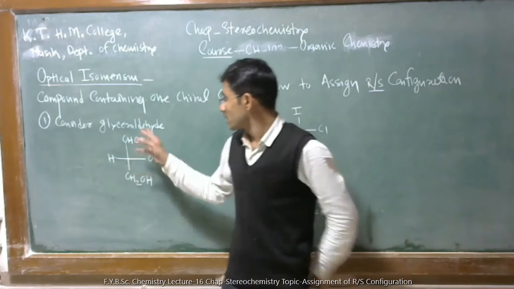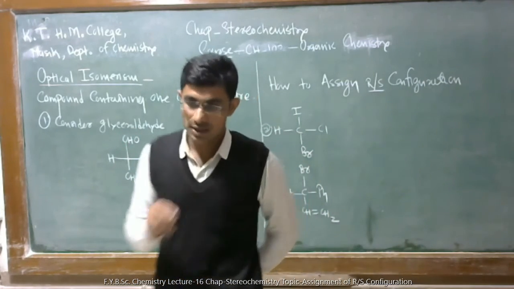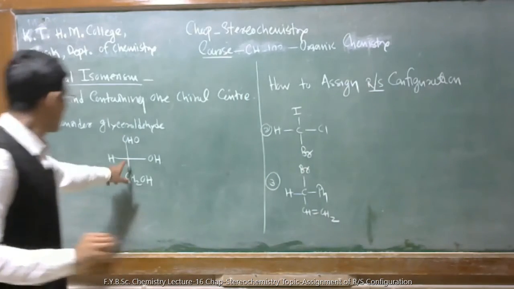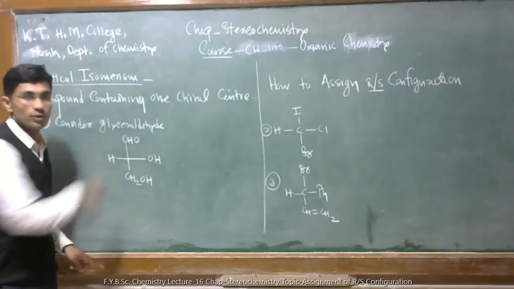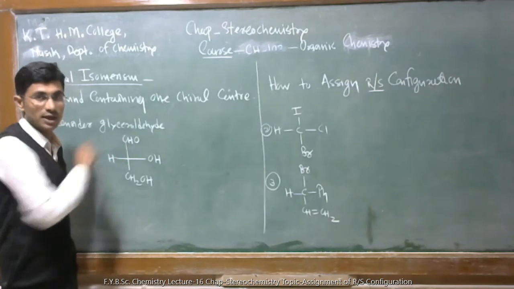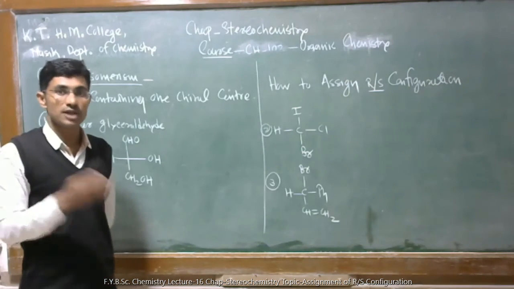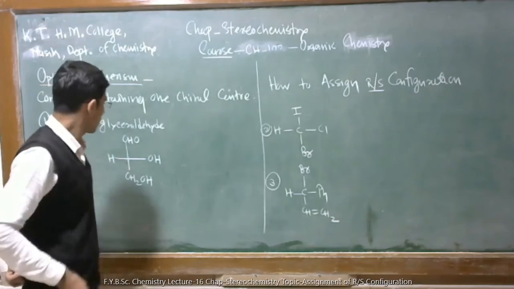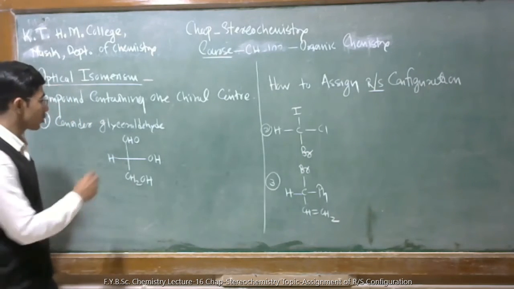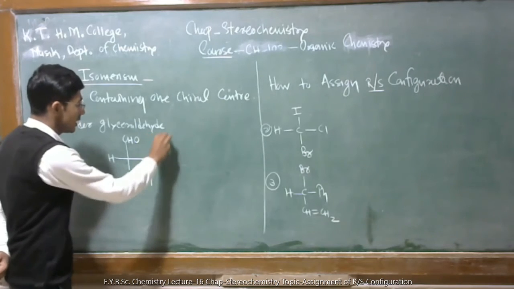So in glyceraldehyde, the chiral carbon is present here. This is a carbon here, we do not write it, but we write horizontal and vertical lines like this. This is the chiral carbon. A chiral carbon is nothing but one which is attached to 4 different atoms or groups. Here 4 different atoms or groups are attached in glyceraldehyde.